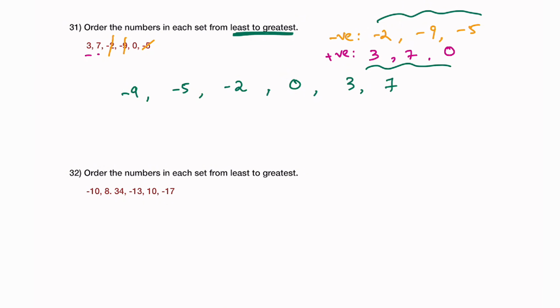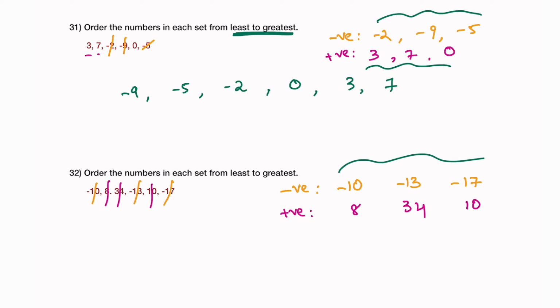Do you want to try yourself? You can, and then check my answer. Be my teacher. So negative numbers first. Minus 10, minus 13, and minus 17. And then I have positive numbers 8, 34, and 10. Now just keep them in order.